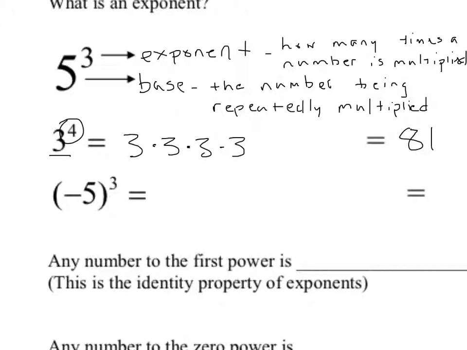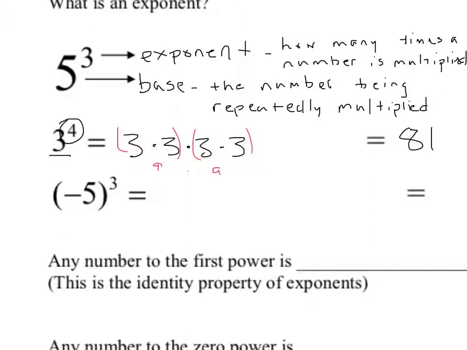I do, if it's an even number, since it's 4 and it's even, I do 3 times 3, which is 9, and then the other 3 times 3 is 9, then I multiply 9. Yeah, so Sammy says if it's an even number, they'll all pair up, and so he multiplies in pairs. This 3 times 3 is 9, and this 3 times 3 is 9, so 9 times 9 is 81. It gives you the same result. That uses the associative property, and it's totally fine.